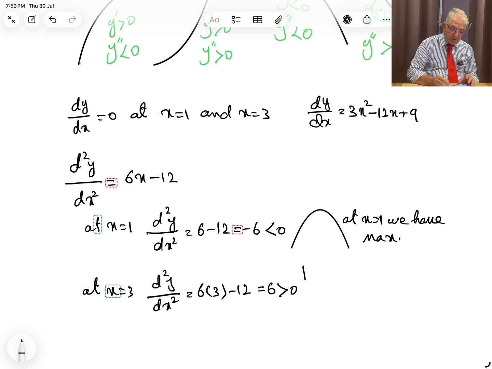So this is concave up. The graph is like this. So this has got a minimum point. Then at x equal to 3, we have a minimum point.